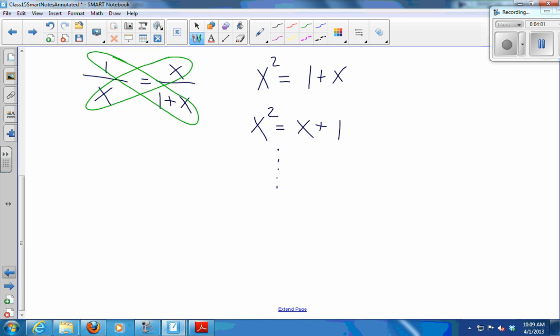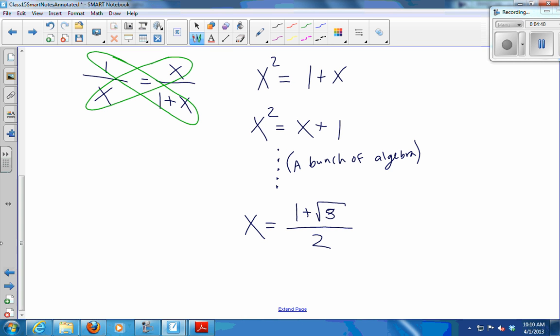We do a bunch of algebraic steps, and we should come out with x equals 1 plus the square root of 5 over 2. I'm not going to hold you responsible for how to do that algebra. Just know that here's an equation. The solution to that equation is 1 plus the square root of 5 over 2. That's the number that makes my equation true.